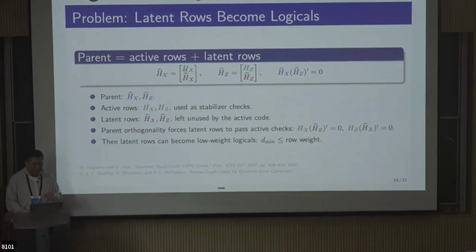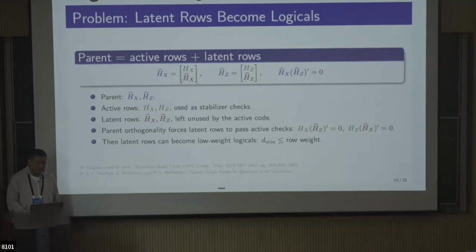When the row size of the active part is small, that means the latent part is large. Yes, so the active coding rate is very low, but it's also upper bounded by the low weight of the latent rows.